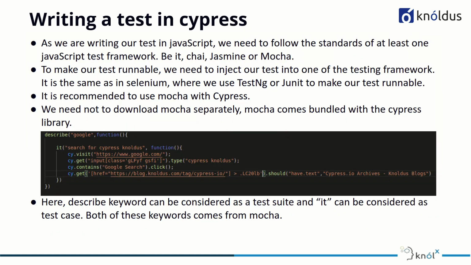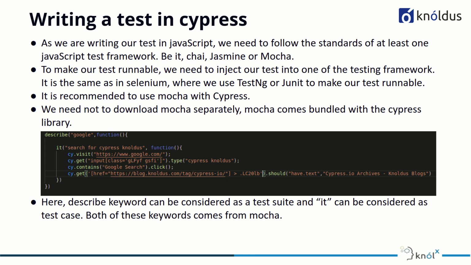Now let's see how we can write a test script in Cypress. Firstly, I don't need to mention that we need an IDE to support JavaScript, right? Writing a test in Cypress is not a big task, I would say, but to do so, we need to follow at least one JavaScript testing framework.